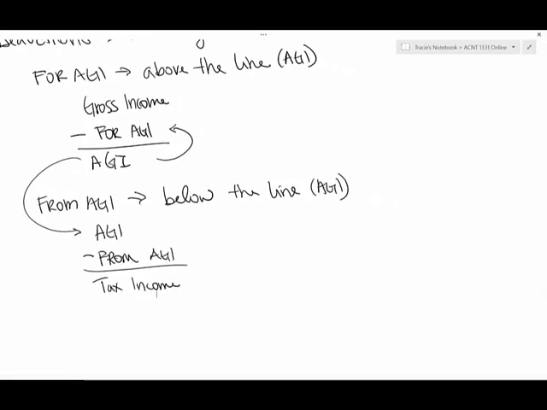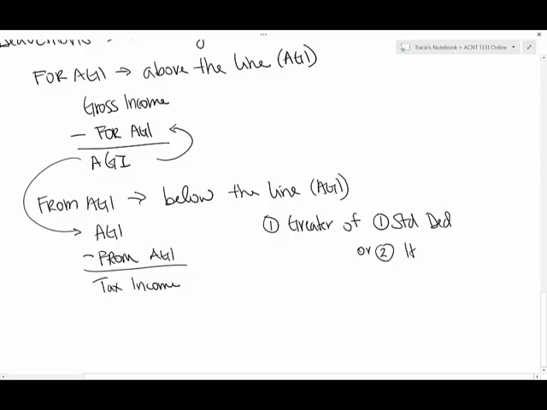There are two types of below the line deductions. The first is going to be the greater of the standard deduction or the itemized deduction. The standard deduction is an amount that's set by the IRS.